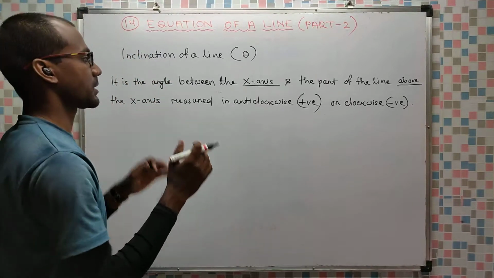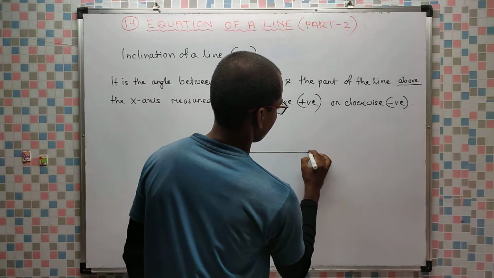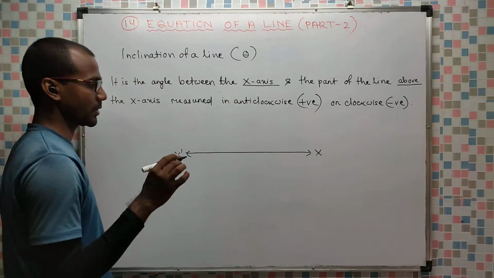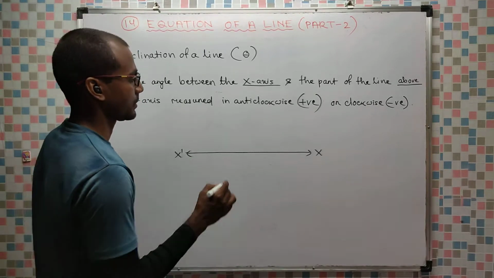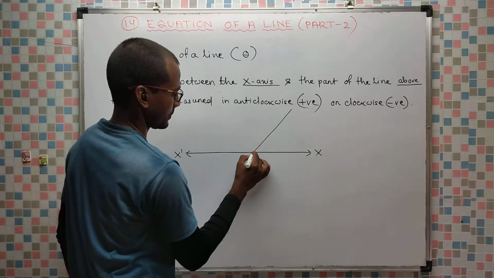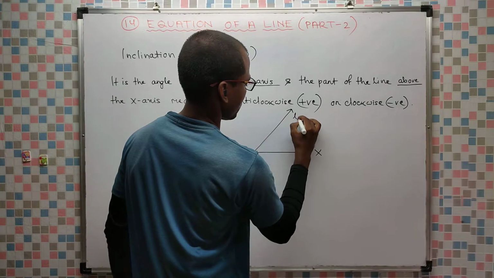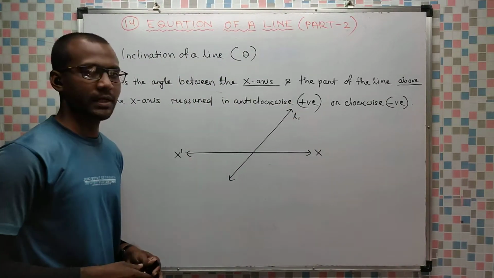So let us understand this with a diagram. Suppose this is x-axis. Here we don't need y-axis. Simply we are interested in x-axis. Suppose this is a line L1. Now see the definition again.